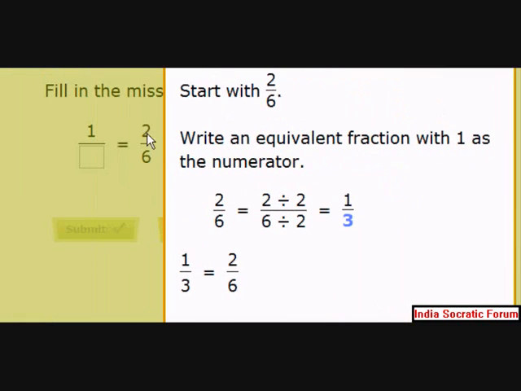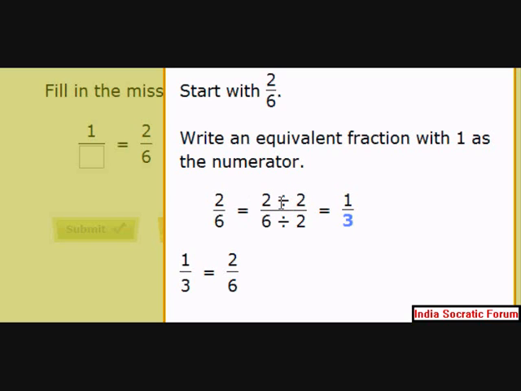We start this time with the number on the right hand side, 2 by 6. Write an equivalent fraction with 1 as numerator. How do you make this into 1? Divide it by itself. Therefore we have 1 on the left hand side. So 2 divided by 2 is 1.